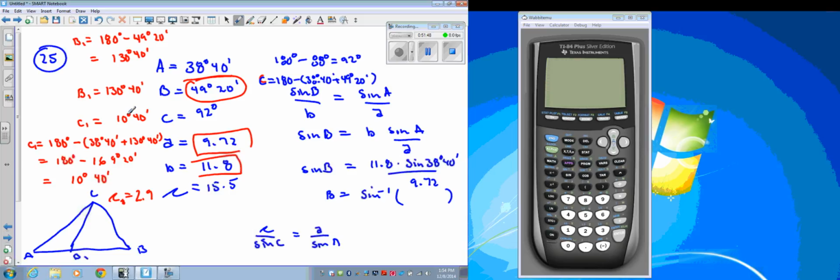If you've got an included angle, then we're going to look at 7.3, and that requires the law of cosines.